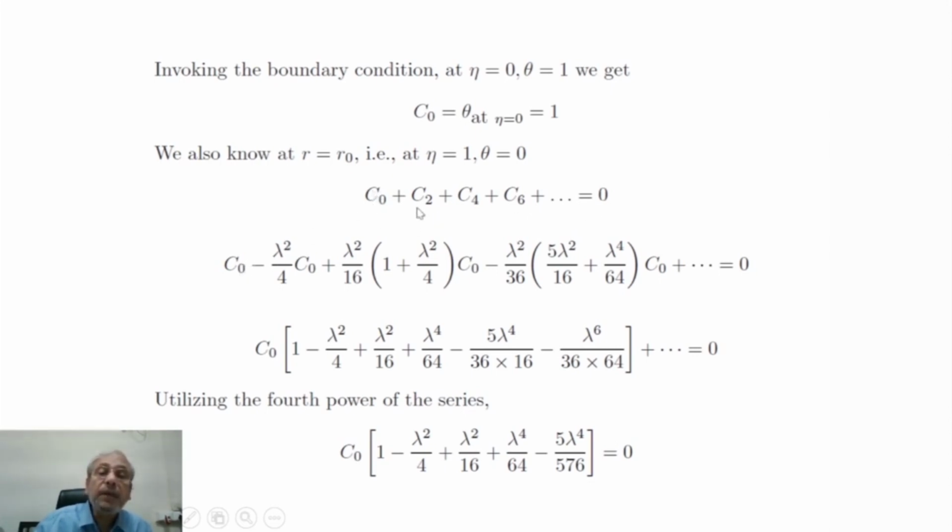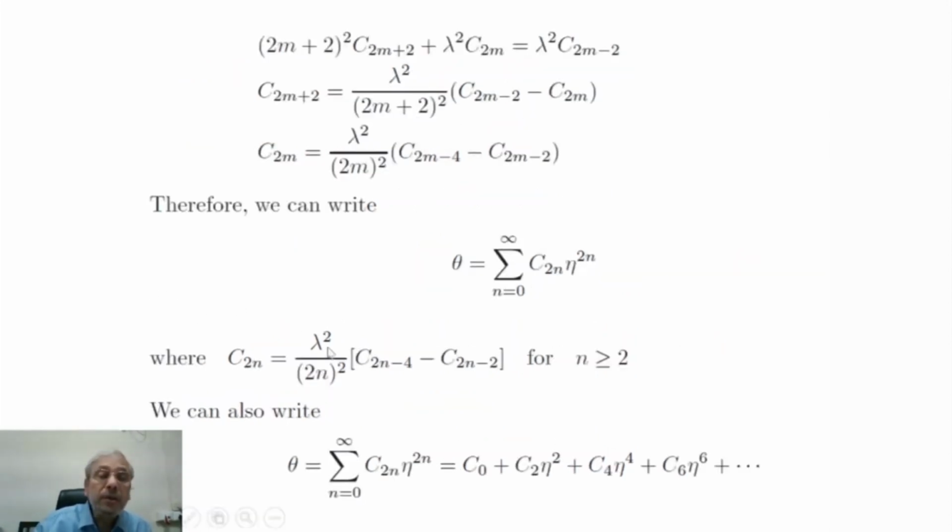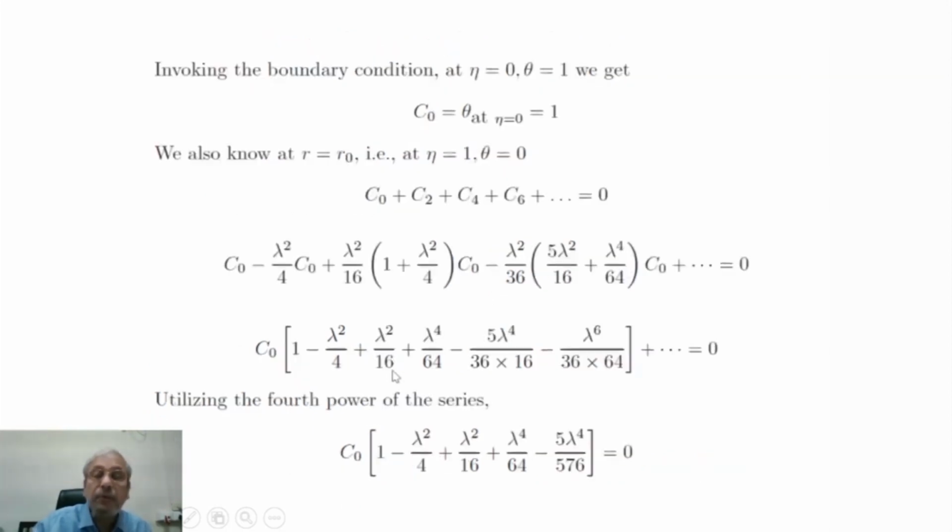Then we keep writing from our expression for c2n. We can see this can be a general expression for the coefficients.